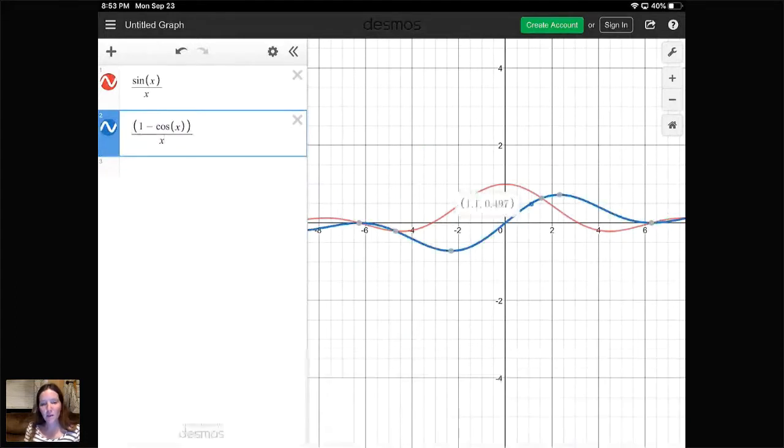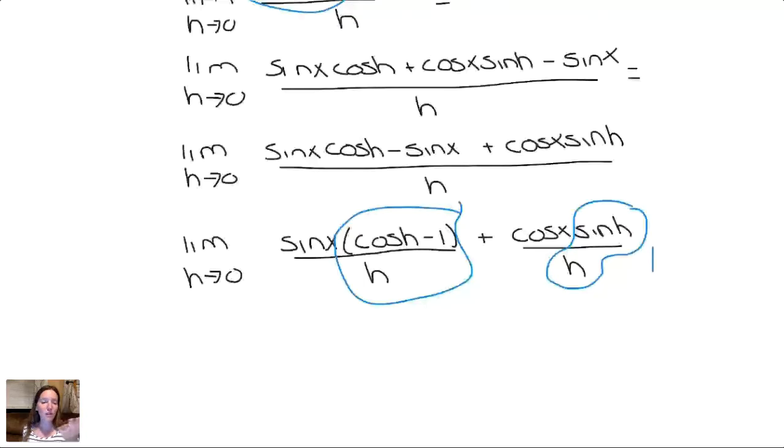So you can see that one is going to have a limit of 0, right? So this is written backwards from that, but you could certainly switch it around, right? You could make it 1 minus cosine h with a negative out front, so let's do that.